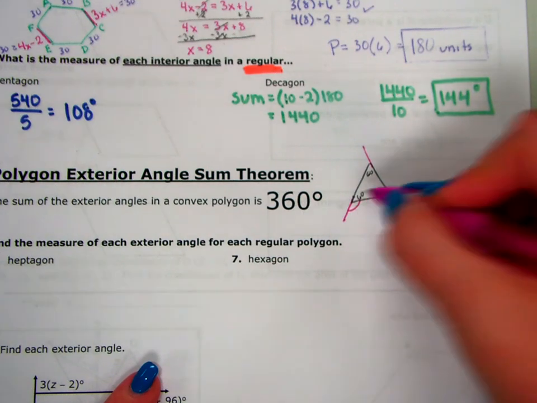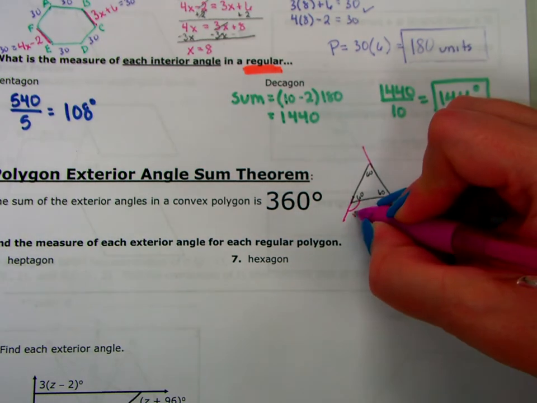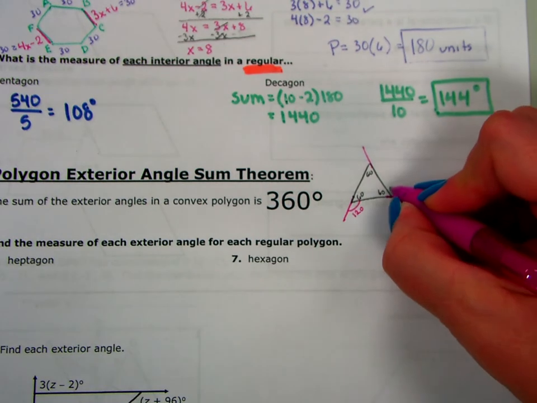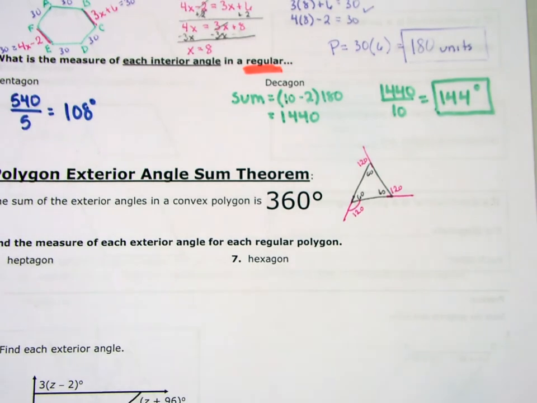Your exterior angle makes a linear pair with the interior angle. So if I've used 60 degrees on one side of a line, hopefully you agree that that means there's 120 degrees left, right? So all these exterior angles are 120. What's 120 times 3?